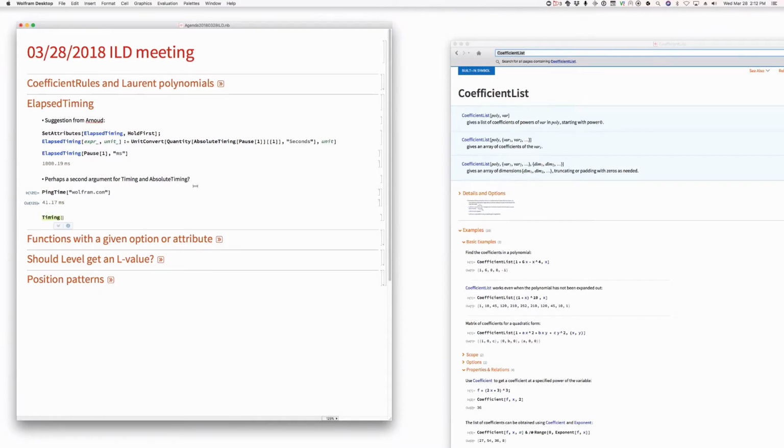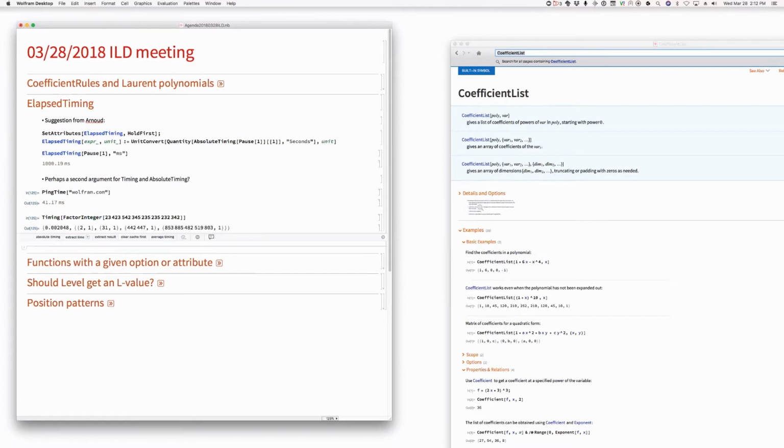Well, what do we think? I'm not the biggest fan of the way that timing works. I don't know how to do this so that I get a reasonable time here. The fact that this is coming back as first element, second element is hardly my absolute favorite, but I don't see a lot of choice.